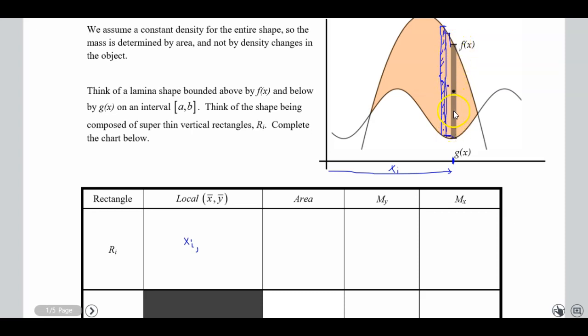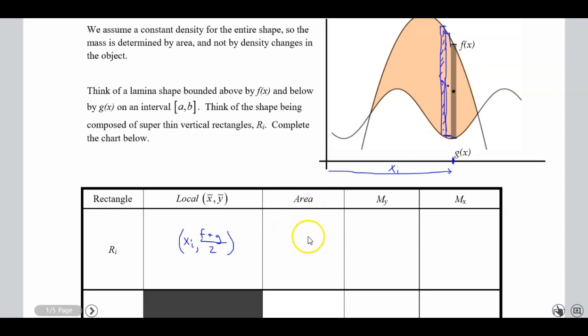Well, one way is to take an average: if I add these and divide by 2, I'm going to get that value in the middle. So it's f of xi plus g of xi, over 2, to get the average right there in the middle.